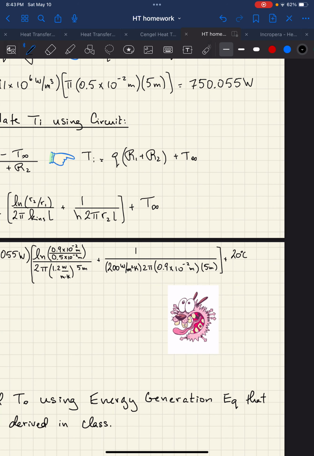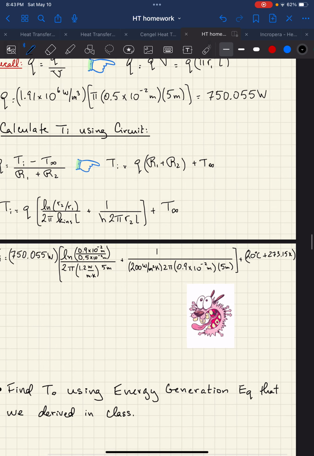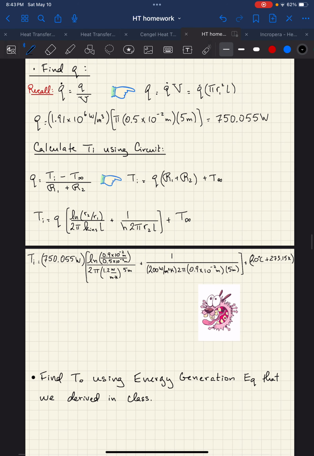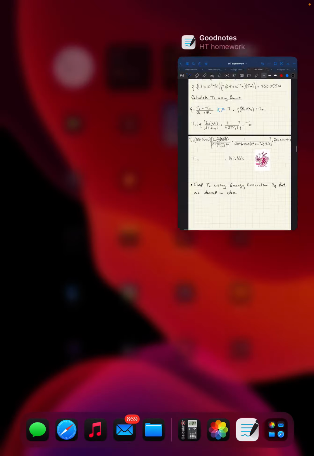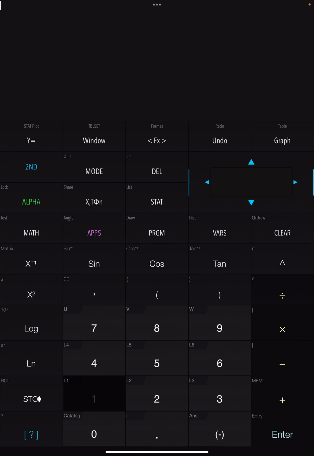In my notes, I left everything in Celsius, but for the sake of this video, to keep things consistent, I'll put things in Kelvin. So when you work all this out, you'll find, first let me put it in Celsius and I'll convert to Kelvin. You get 164.33 Celsius.